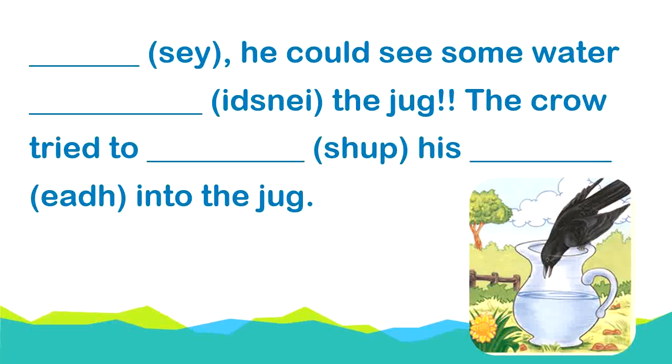I think we have to start rearranging soon. What is the first word? Can you guess? Yes, it has three letters. And it is yes. Yes, he could see some water dash the jug. Where do you think the water was? Yes, it was inside the jug. Can you spell inside with me?